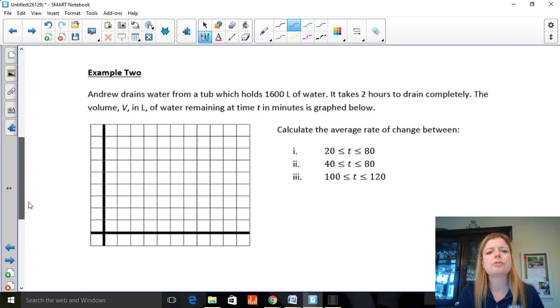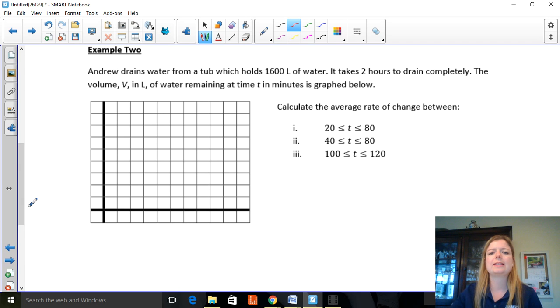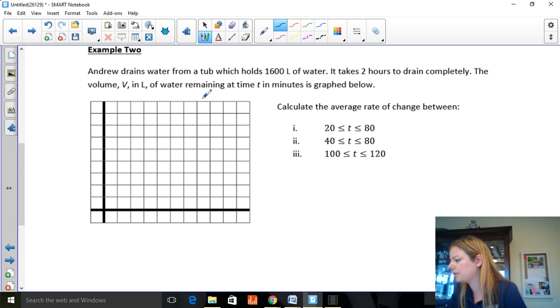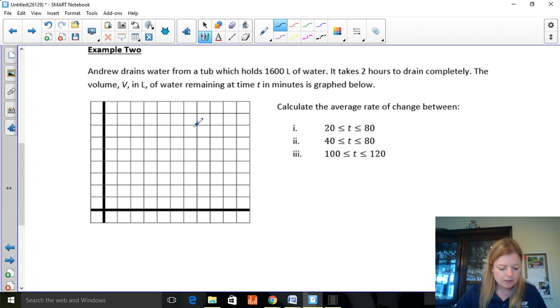Example 2. Andrew drains water from a tub which holds 1,600 liters of water. It takes 2 hours to drain completely. The volume is graphed below. So I'm going to graph this for you here. Okay, so this information would be given to you. So we're going to increase by 2. So I'm going to label every other one as 4.